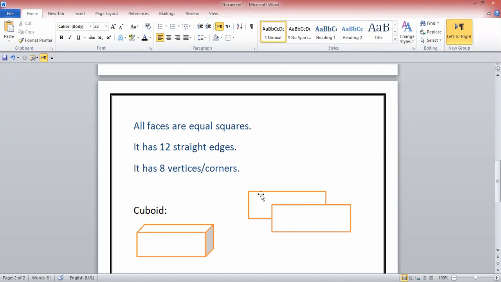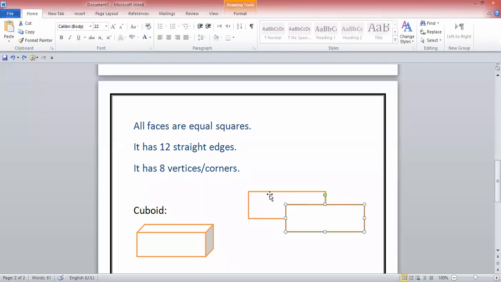Okay guys, how will you draw it? Again I tell you. Draw one rectangle. From the middle of this rectangle, draw one more rectangle and then join these lines. In that way you will be able to draw a cuboid. Is that clear guys?